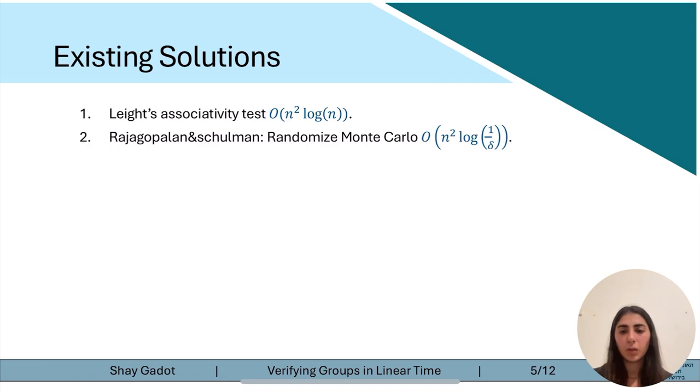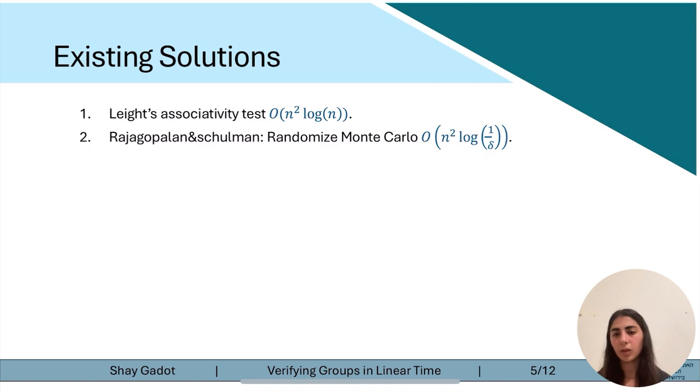The solution allowing some sort of randomness is done in the approach of randomized Monte Carlo. The idea is actually similar to Light's associativity test, only this time instead of finding all generators of G, we can stop at some level according to our error delta.